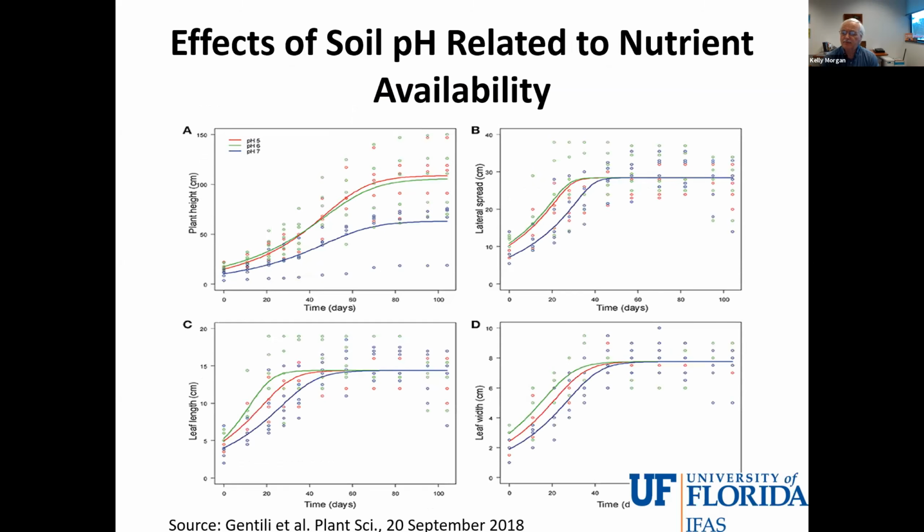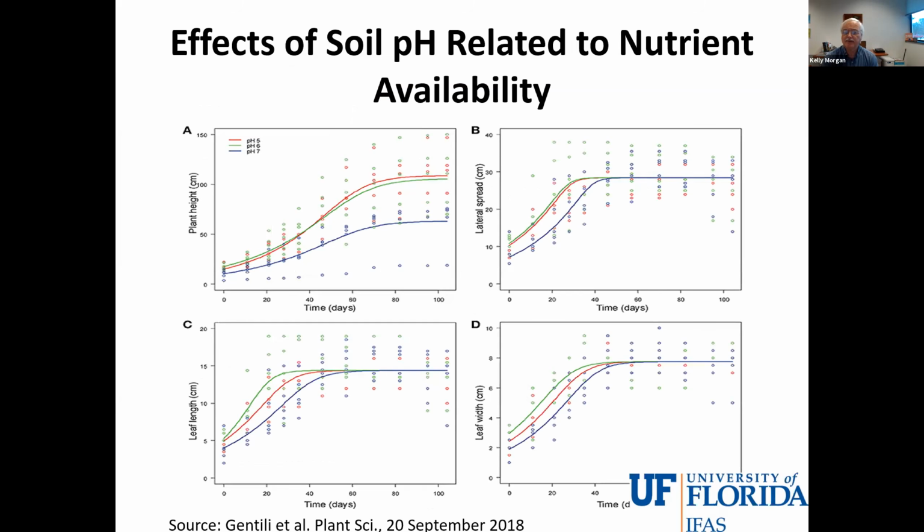Just to run through a few of the implications of a high pH. This graph I found on the internet was a study looking at the effect of pH on crop height, a bean plant in this case.